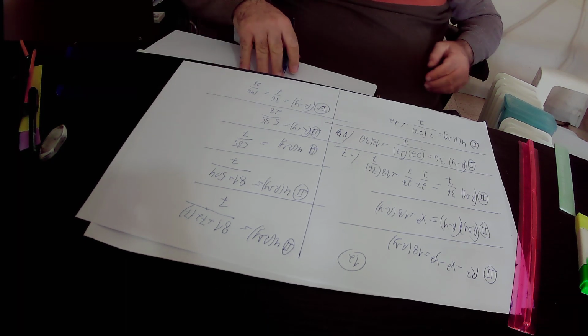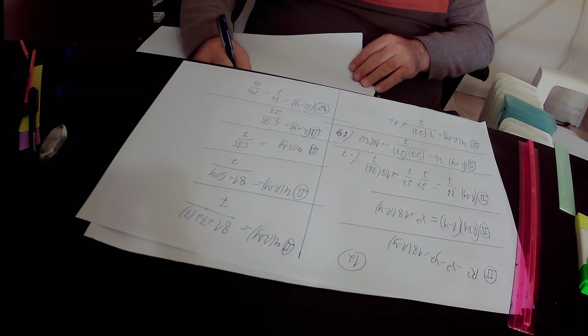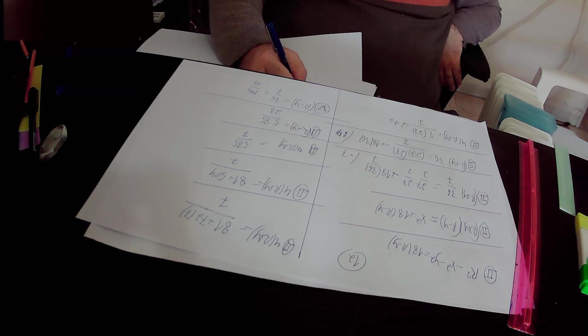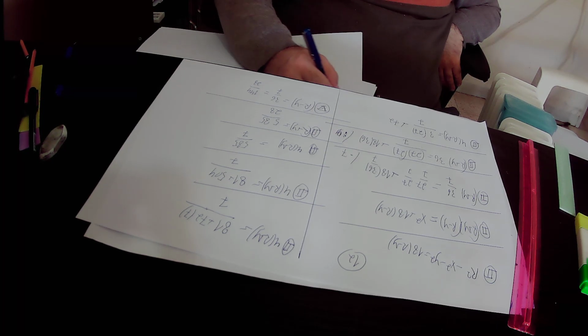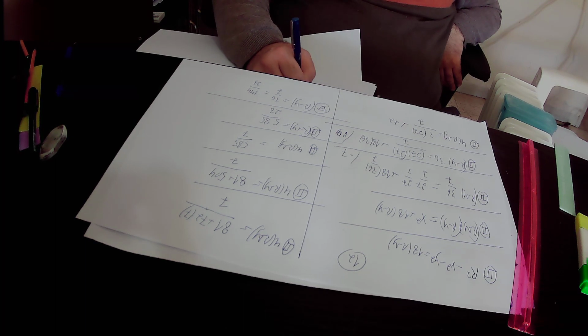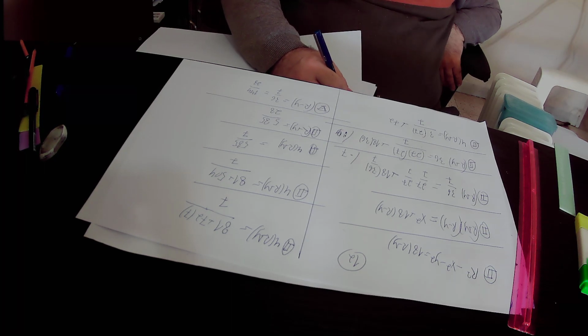So in conclusion, according to equation number 5, r minus y is equal to 144 over 28.